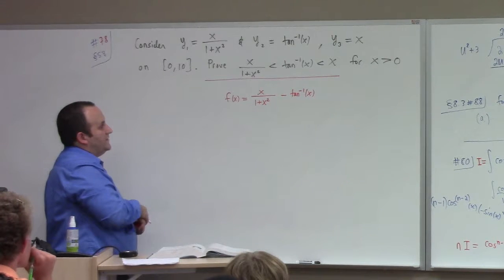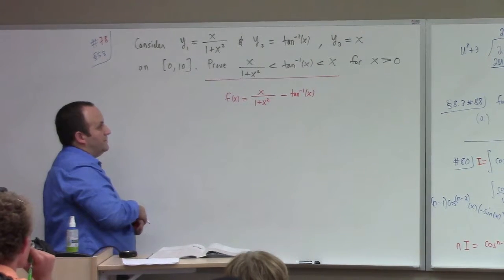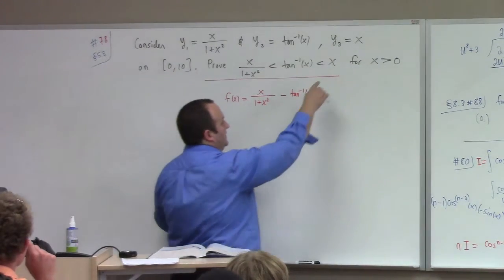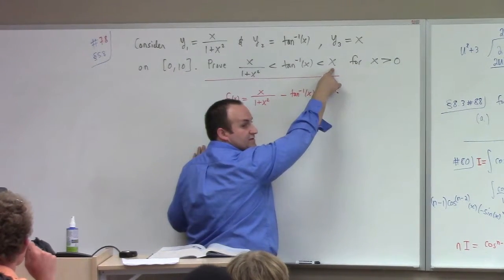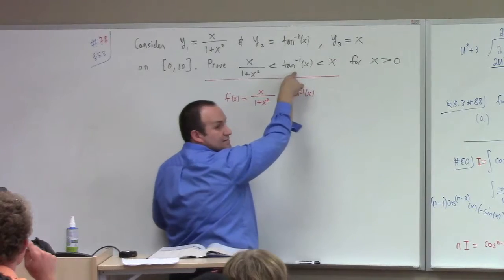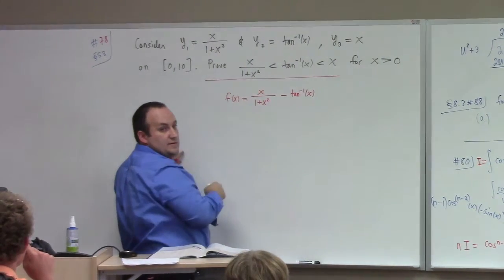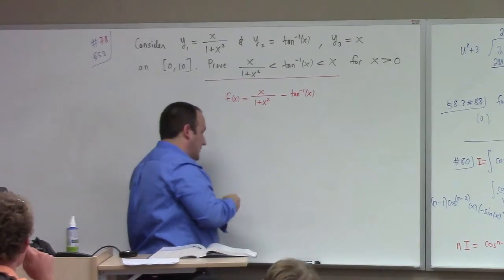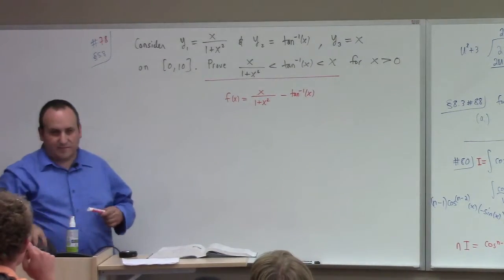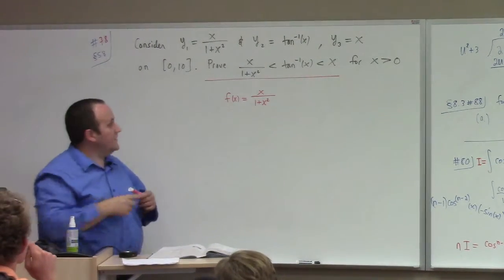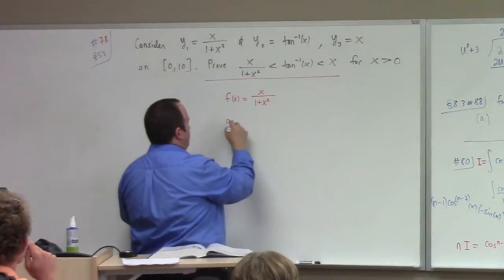I'm thinking if I look at the rates of change of these functions, I can show that the rate of change, basically, I believe I can argue that this increases faster than that, and that increases faster than that. Okay, so let me just get to that point. What would that mean? So let me just say that that's this.